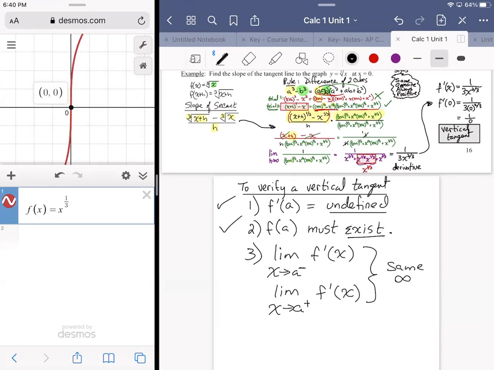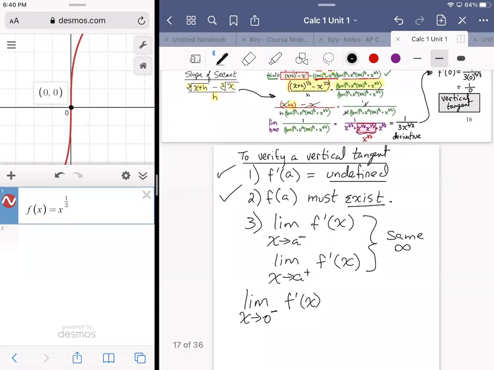But what we would then need to do is find the limit as x approaches 0 from the left of f prime of x, and the limit as x approaches 0 from the right of f prime of x, and see what you get.